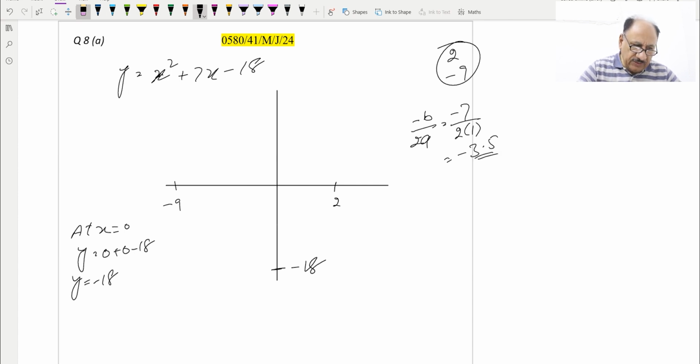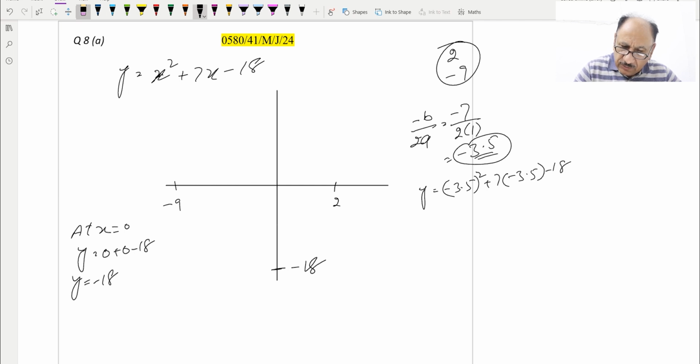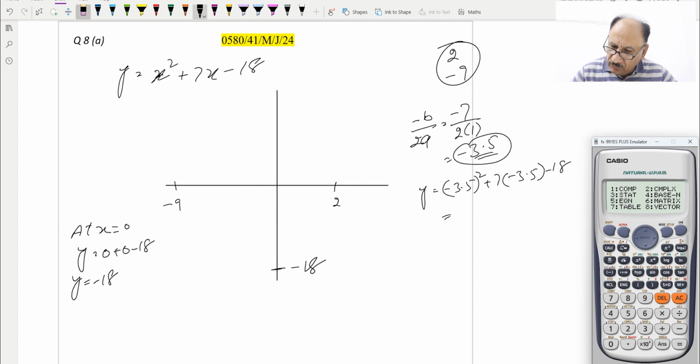So minus 3.5 will be the x coordinate of this one, and if we replace minus 3.5 in the equation to get the y value, y will be equal to minus 3.5 square plus 7 into minus 3.5 minus 18, and we can calculate this y value.